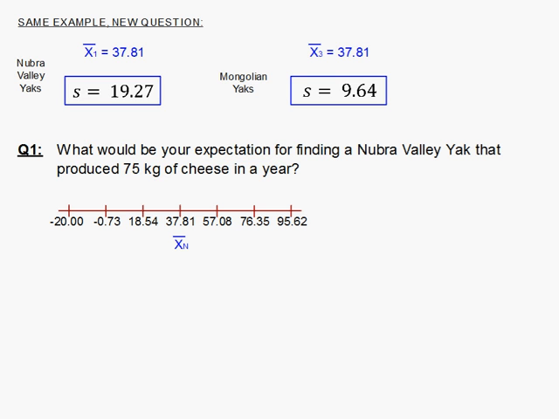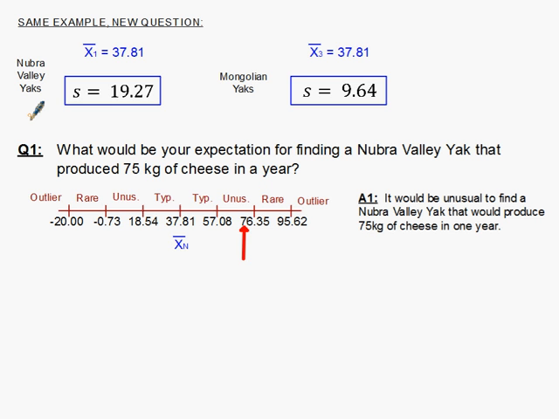Well, if we do our mean, which is x bar for Nubra Valley, x bar n, and we go 1 sample standard deviation, 2 sample standard deviations, and 3 sample standard deviations above, and the same thing, 1, 2, 3 sample standard deviations below, we get something like this. Well, where's 75? Those define our typical, unusual, rare, outlier regions. Well, 75 is in the unusual. Well, that answers our question. It would be unusual to find a Nubra Valley yak that would produce 75 kilograms of cheese in 1 year.